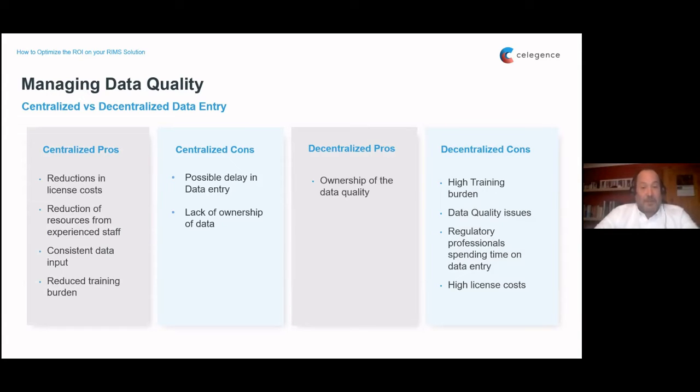However, a vast amount of the data needed in these systems actually comes from across your whole organization. So it's very important before you go ahead and look at implementing a RIM system that you get buy-in from across the whole organization, both during the execution and maintenance phase.